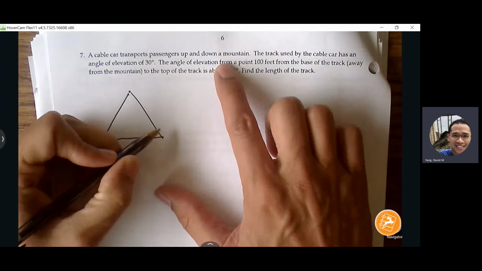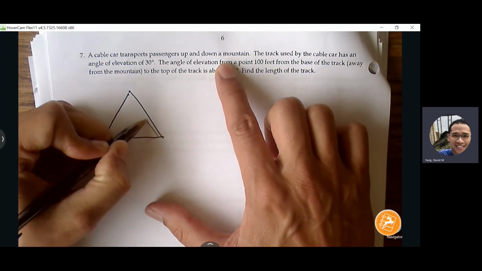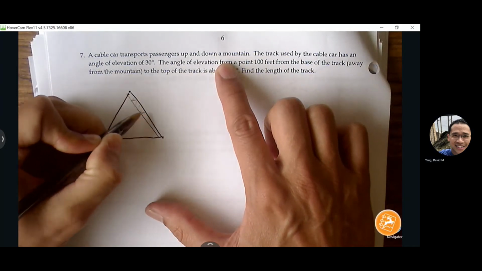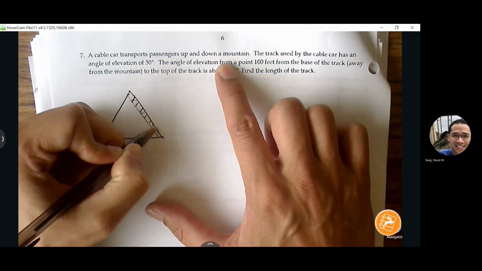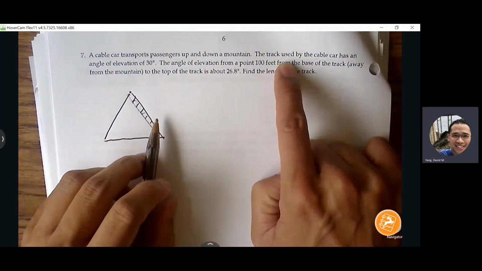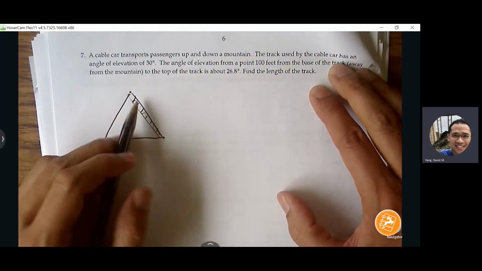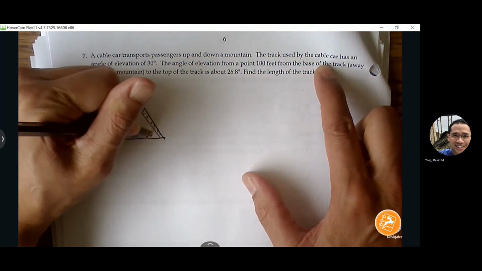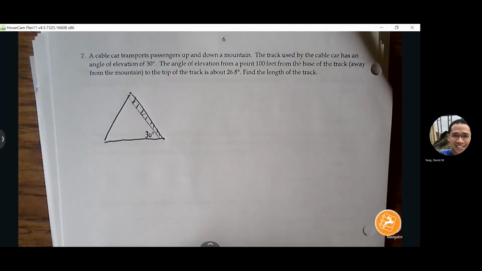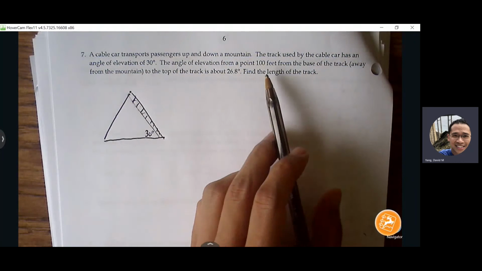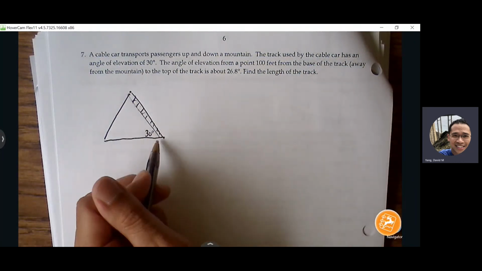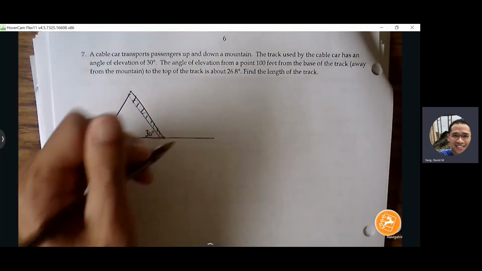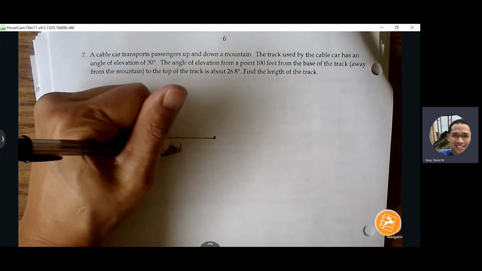We've got a cable car that is going up and down the mountain. The track used by the cable car has an angle of elevation of 30 degrees. And then the angle of elevation from a point 100 feet from the base of the track. So that's going to be some distance away. We'll call it 100 feet.